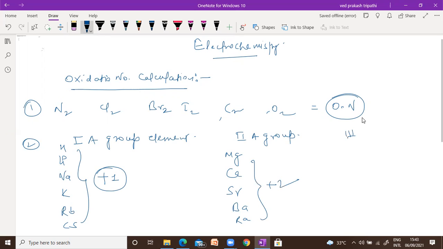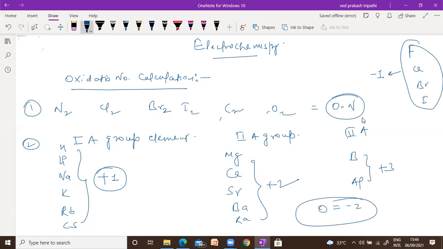And similarly, third A, you can select boron and aluminium, have +3. All the halogens, fluorine, chlorine, bromine, and iodine, they have -1. And generally oxygen has -2 in oxides.